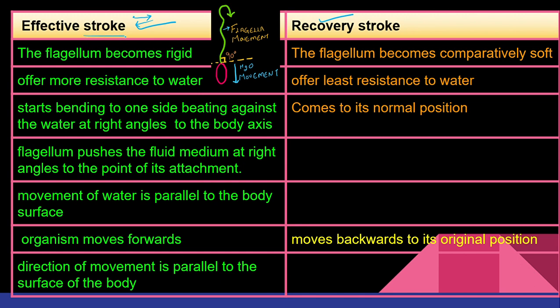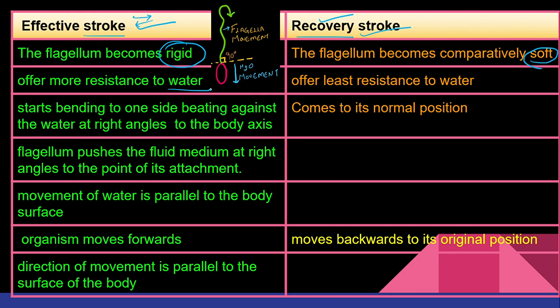Let's see over here what is effective stroke and what is recovery stroke. Effective stroke is nothing but the flagella become rigid, that means hard. But the recovery stroke is a lazy, relaxing state, so it will be soft. Just like if your exam is coming you will be very tense and you will keep on studying, but when exams are not there, you're relaxed, right?